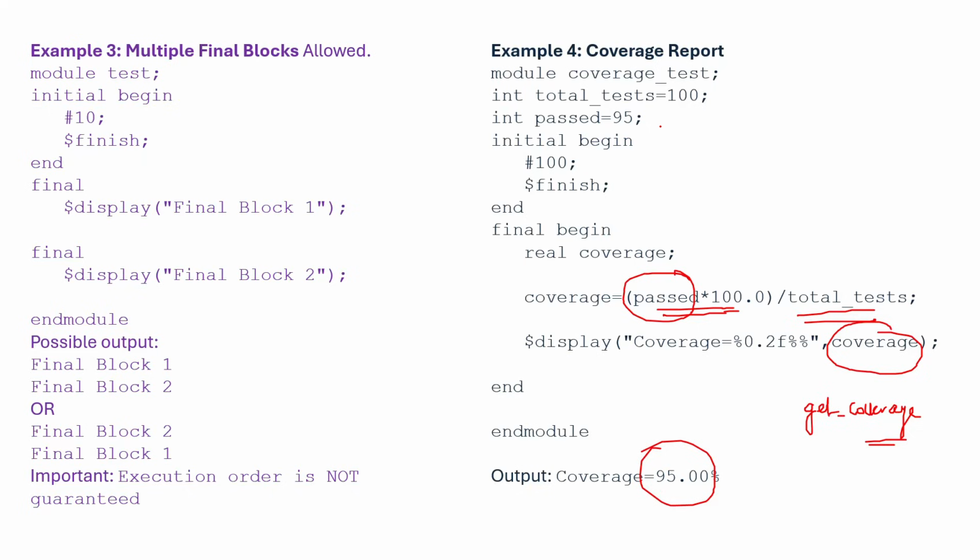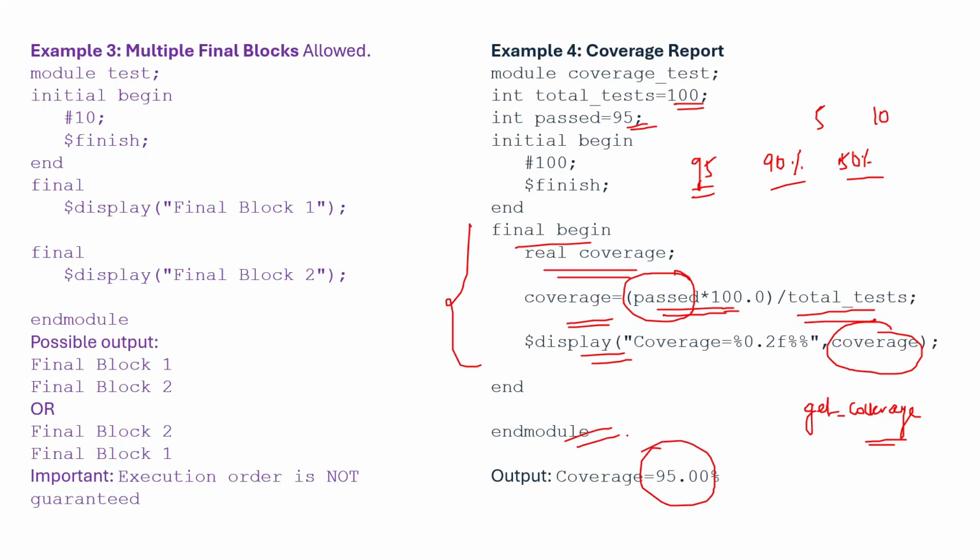See, here 100 tests are there, 95 are passed, then you will simply say 95% pass percentage. 90 tests passed means 90%. 10 tests are there and 5 are passed means 50%. So the coverage report we get here: in the final begin, the coverage report, how many passed and how many failed, and then the module ends. Based on that, we get the coverage reports.